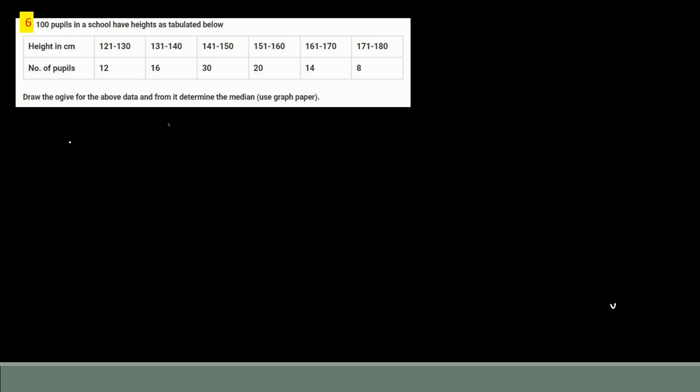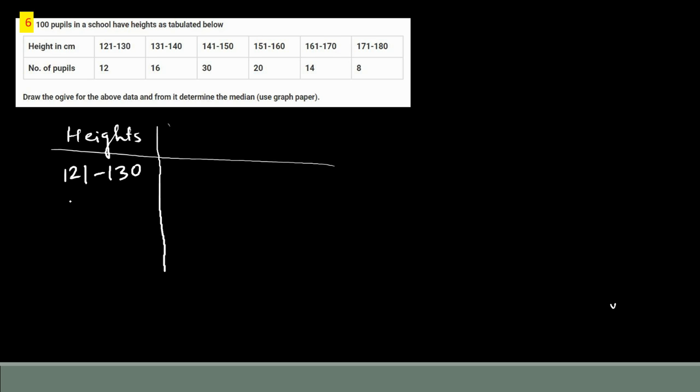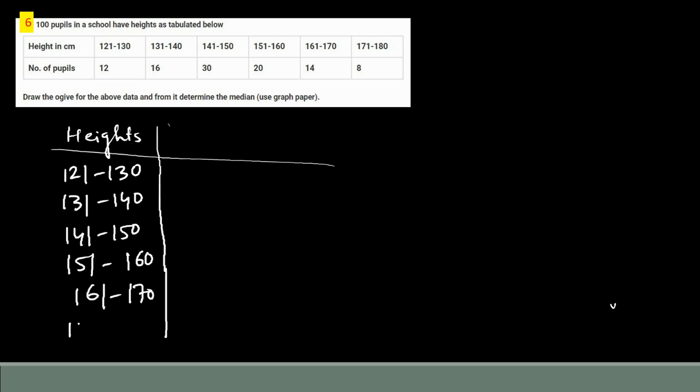If you have a range like heights, but they are not continuous, let's say you have heights like this: 121 to 130, then 131 to 140, then 141 to 150, then 151 to 160, then 161 to 170, then 171 to 180. If you have heights like this, then you have to make them continuous classes.